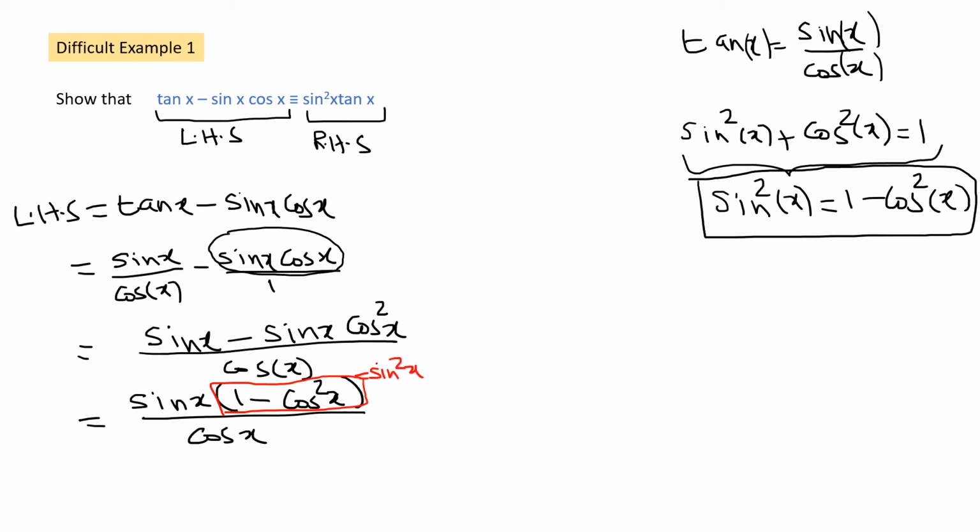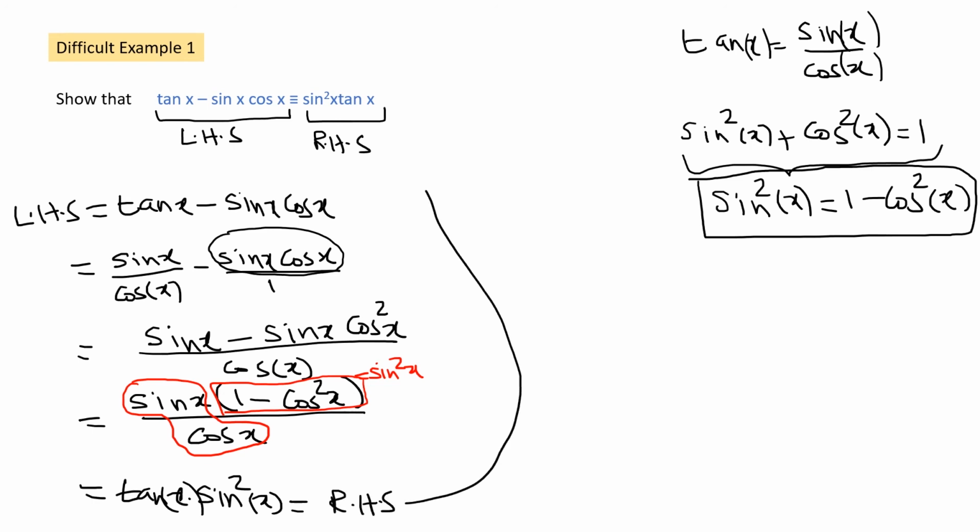From the first identity, sin x over cos x is tan x. So we can write this as equal to tan x times sin squared x. And this is equivalent to the right hand side of our equation. So we have successfully completed the proof.